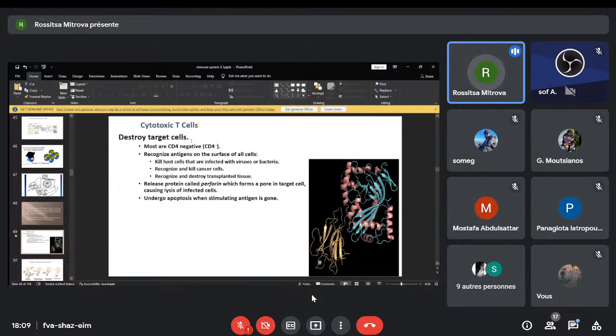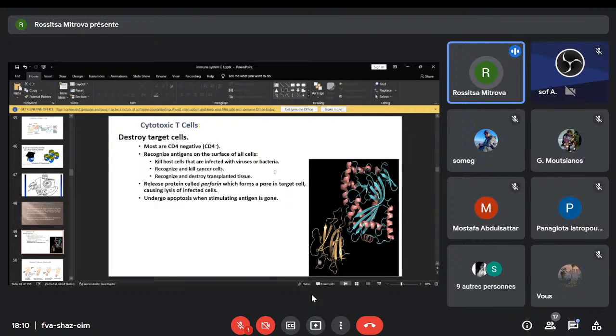The cytotoxic T cells destroy target cells. Most of them do not have the biomarker CD4. They recognize antigens on the surface of all cells. They kill host cells that are infected with viruses or bacteria.